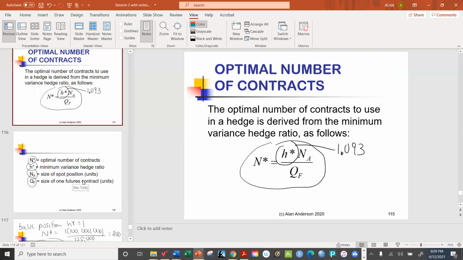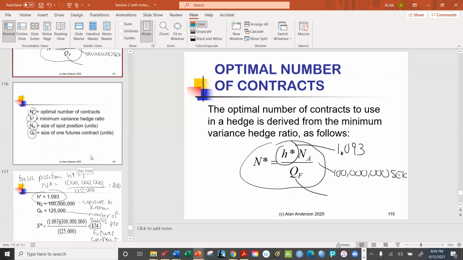So in this case, we're buying 100 million Swedish kroner, which is abbreviated SEK. And this number tells me how many units there are per contract. In other words, what is the size of a single euro futures contract? Well, we can look that up on the exchange and see that this contract is for 125,000 euros. So if I want to buy a single futures contract on euros, the underlying security would be 125,000 euros.